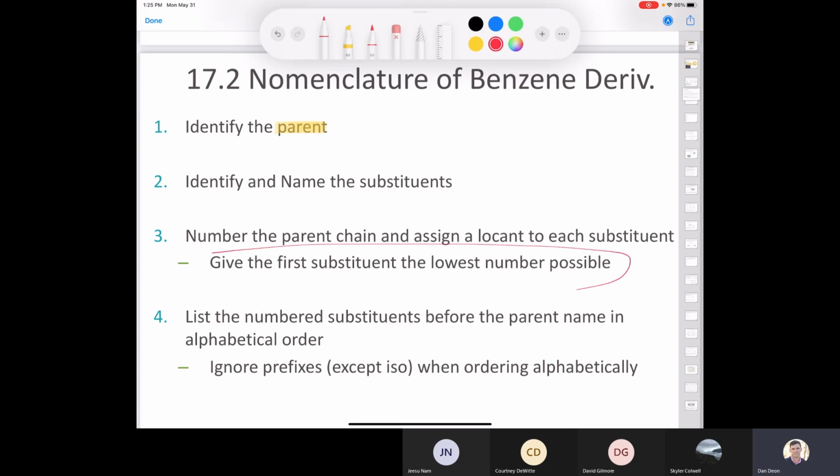You give the first substituent the lowest possible number. You don't start tallying them up or anything like that. You just give the first substituent the lowest number you can, then give the rest whatever number they get. Number 4, list the substituents before the name in alphabetical order. We ignore prefixes except iso, cyclo, and neo when ordering alphabetically.